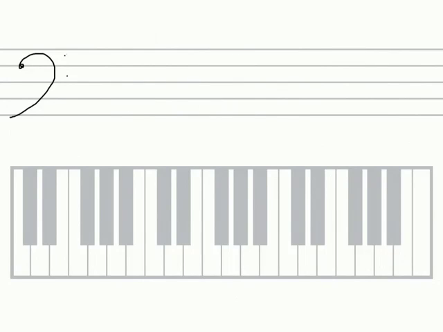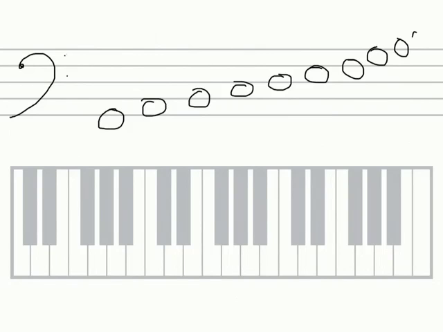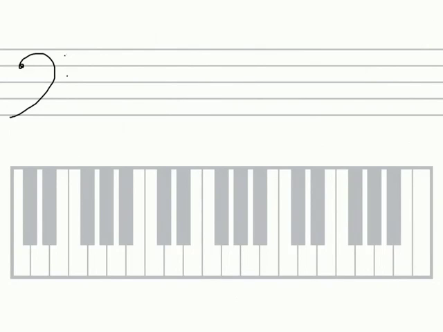So now a quick review of our note names in the bass clef. G, A, B, C, D, E, F, G, A, B, and middle C.